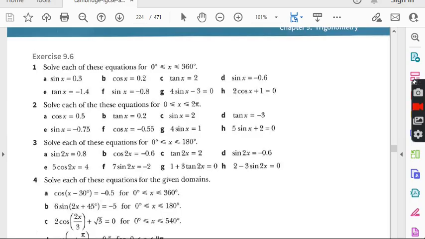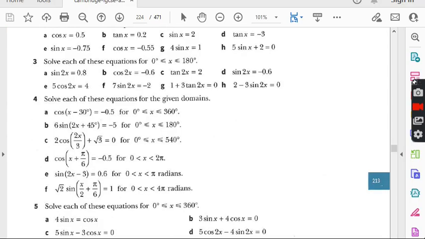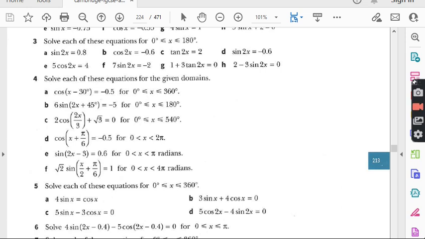What is left? A very important question from the examination point of view, question number 4. But very important doesn't mean very difficult; it is a very easy question. You will witness question number 4 and say how easy it is.